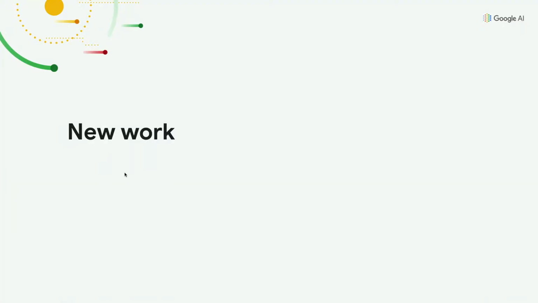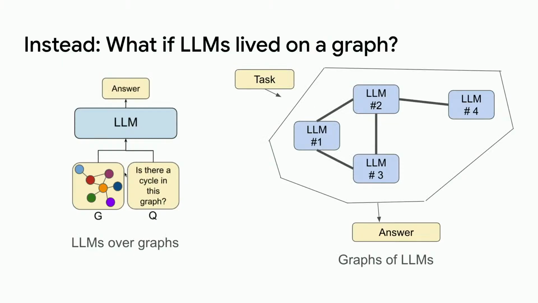I still have some time for a few words about some new work. Hopefully now you're excited about graphs and LLMs. Probably there is a path for them to work further. So here we ask a question: can we go one step further?